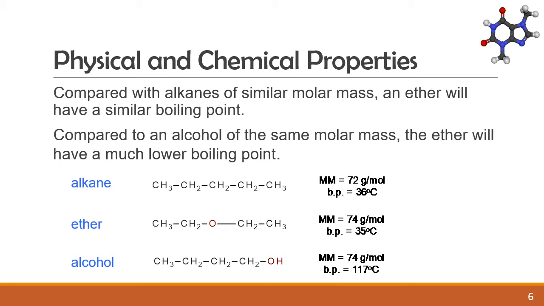The alkane and the ether have similar boiling points of 36 degrees Celsius and 35 degrees Celsius respectively, whereas the alcohol has a boiling point of 117 degrees Celsius, despite them having almost the same molar mass.